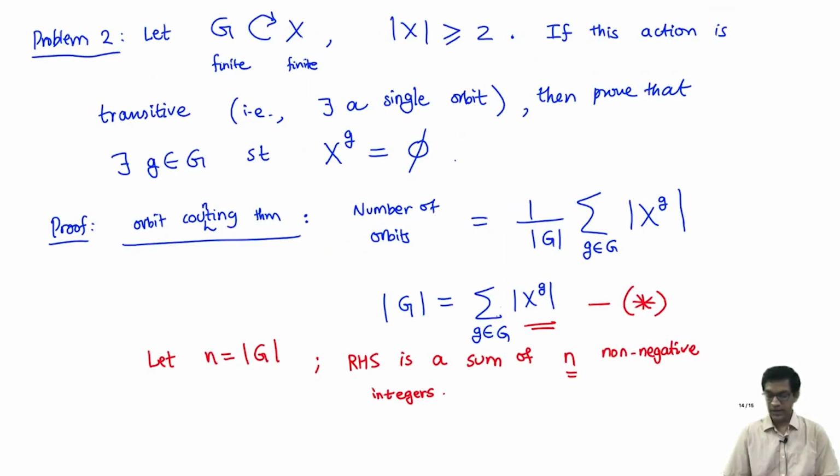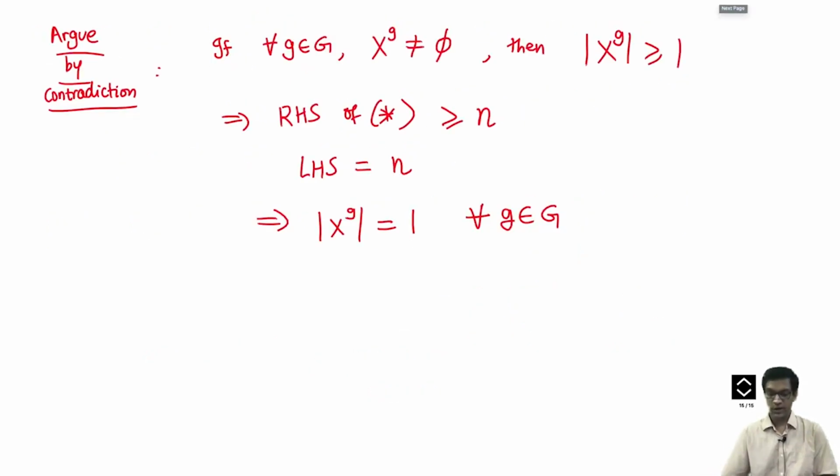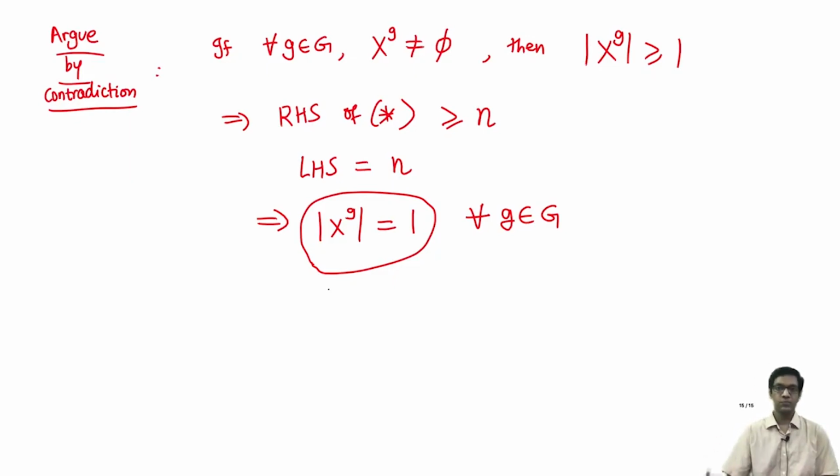All the summands on the right hand side are 1 or more, but 1 is the only possible choice, because even if one of them is 2, then the sum on the right hand side will become strictly bigger than n. But we know it has to equal n. So that's a very strong requirement. It says that if every group element has a fixed point, then every group element must have a unique fixed point.